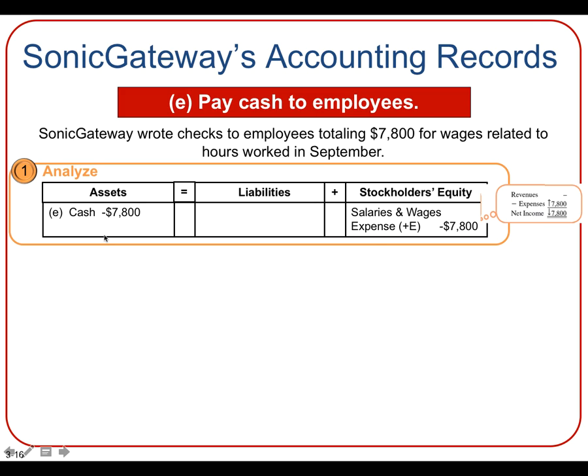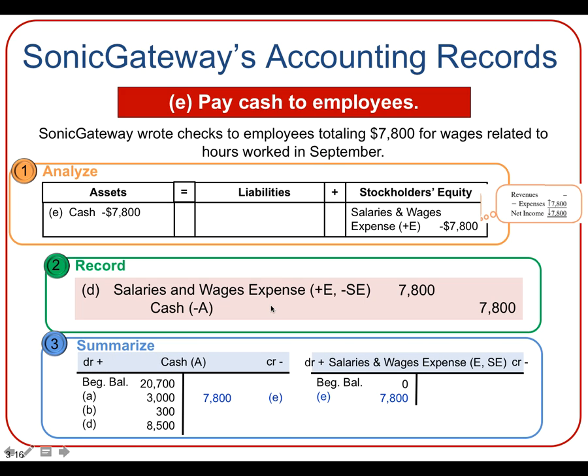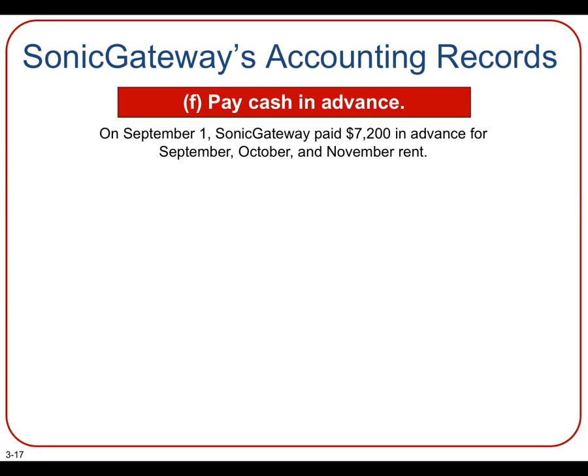So the accounting journal entry looks like this: you debit salary and wage expense and you credit cash, because it's a decrease to your cash account.